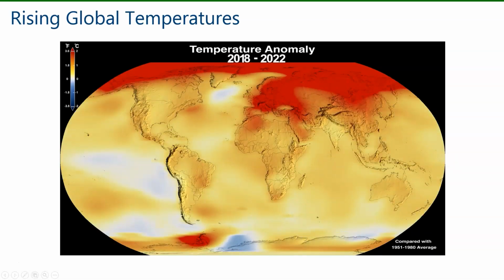So it stops at 2018 to 2022, and we can see that there's a big difference in global temperatures, an increase in global temperatures since the 1800s. If we look at the key here, the red areas are experiencing a temperature difference of 2 degrees Celsius, and the kind of orangey yellow areas are experiencing a change of around 1 degree Celsius.